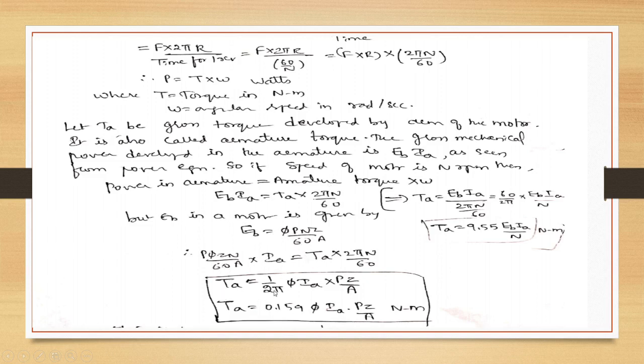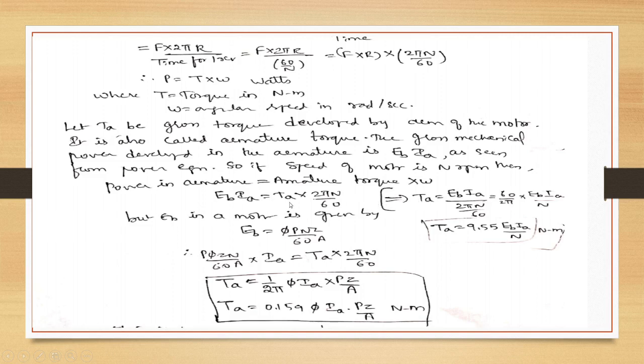So we will get the torque equation after calculation and substitutions, just cross multiplying and cancelling the terms. TA is equal to 1 by 2 pi phi Ia into PZ by A, where 1 by 2 pi value is 0.159. So TA can be written as 0.159 phi Ia into PZ by A Newton meter. There is one more term here, students.